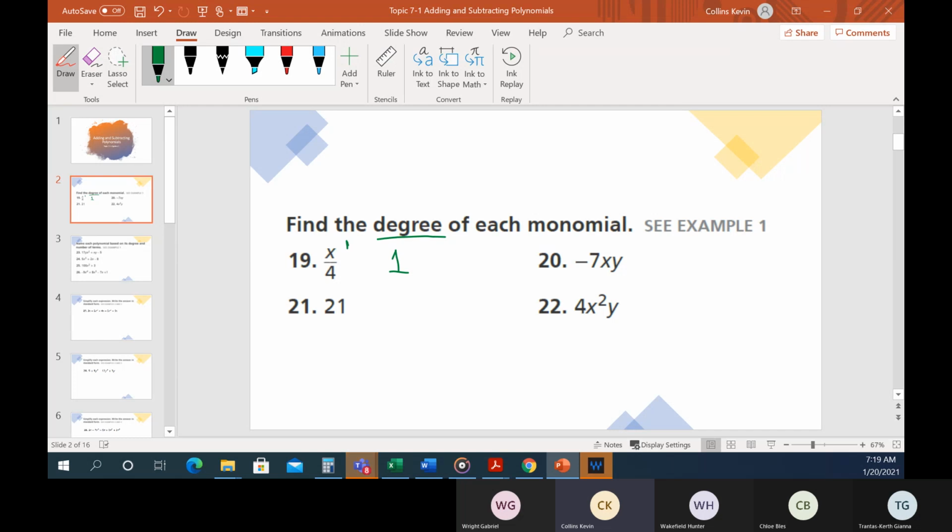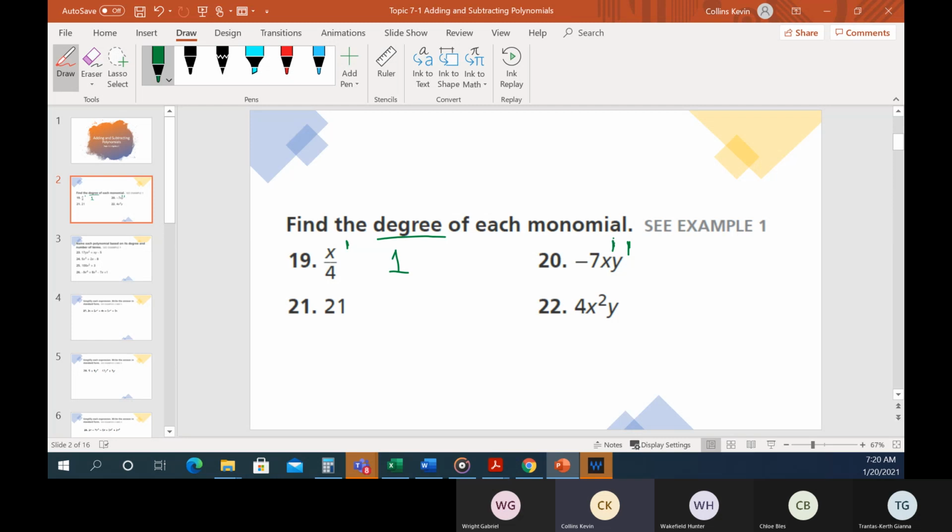Now, when you have more than one variable like we do here, so this would be an x to the first and a y to the first. This doesn't come up very often with what we do. This is more of a technicality, if you will. If you have x to the first and y to the first, what you do there is you add the two exponents together.